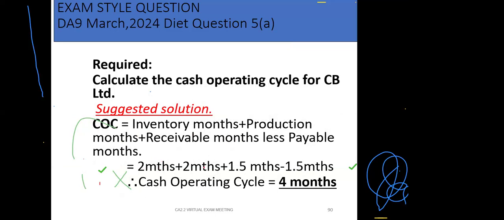Inventory months are 2 months, production months 2 months, receivable months 1.5, payable months 1.5 months. So the cash operating cycle is 4 months.